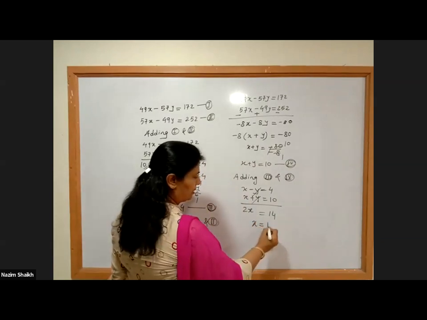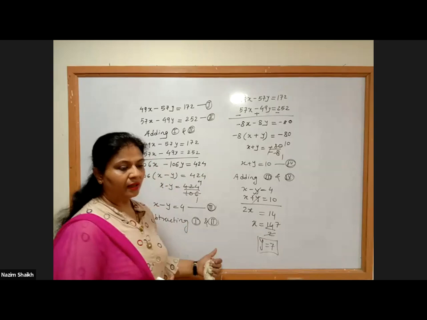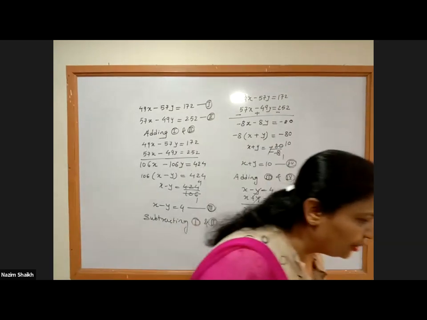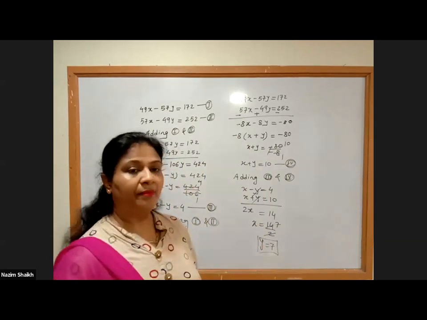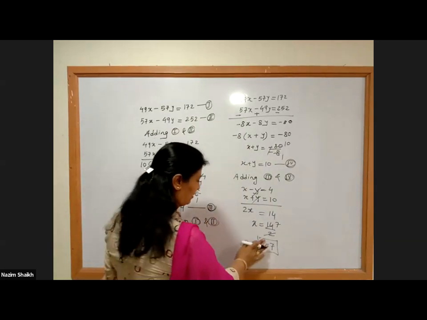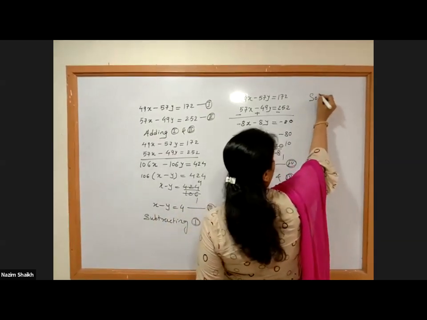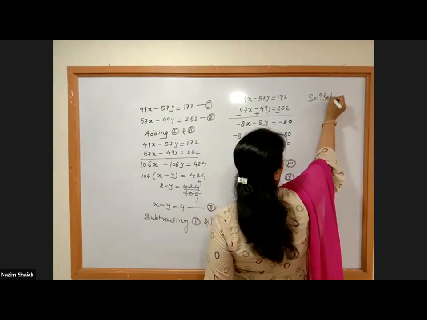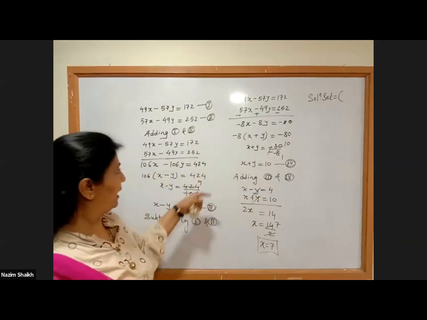So x equals to 14 upon 2, that is 7. While writing the answer, many of you have written 7, 3. So you were exactly right. The solution set which we obtained is x is 7 and the y value.